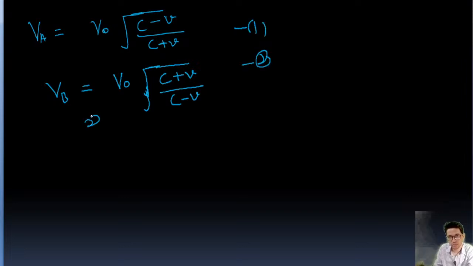Now what we can do is 2 by 1. If you do 2 by 1, that is nu B upon nu A, this nu 0 will get cancelled.